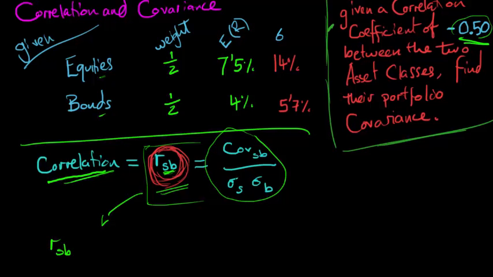So multiply by the standard deviation of stocks and the standard deviation of bonds, so we get the R value of S to B multiplied by the standard deviation of S multiplied by the standard deviation of B is equal to the covariance between S and B.